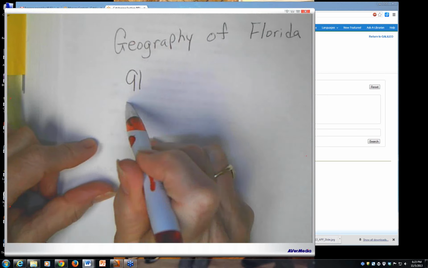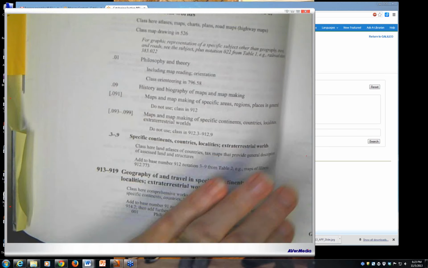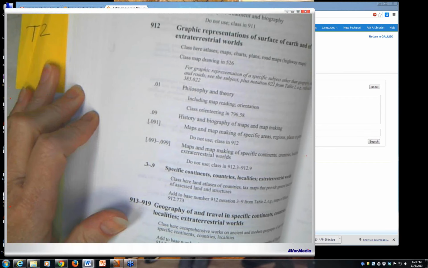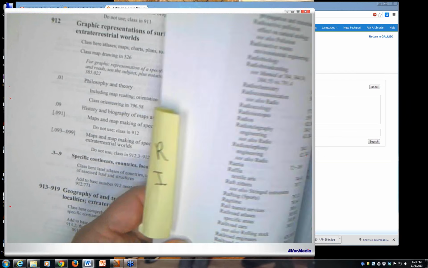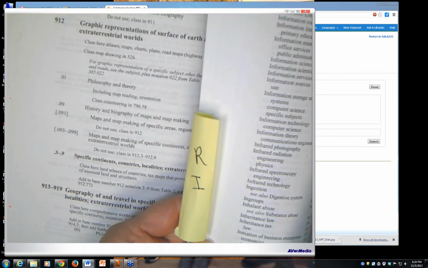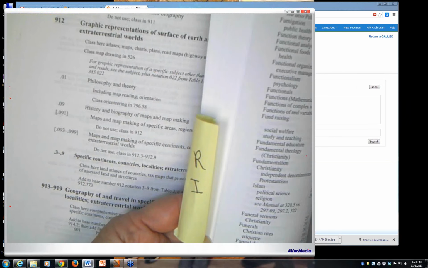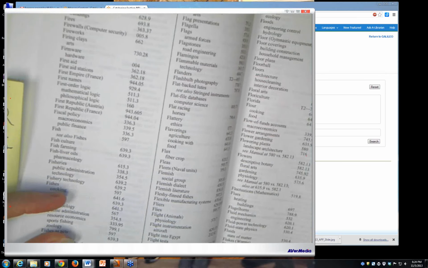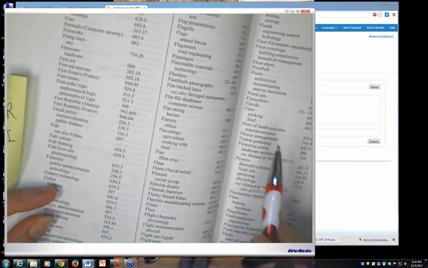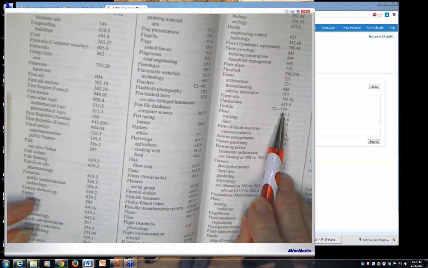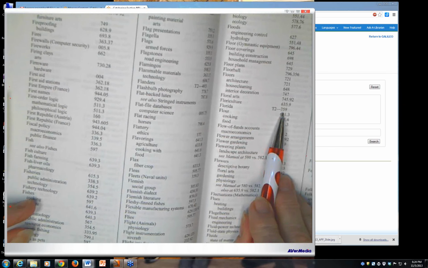We've got our base number. We add from Table 2. You can go to Table 2 and look it up here, or we can look it up in the relative index. I'm going to go to Florida, and I find Florida T2 number 759.